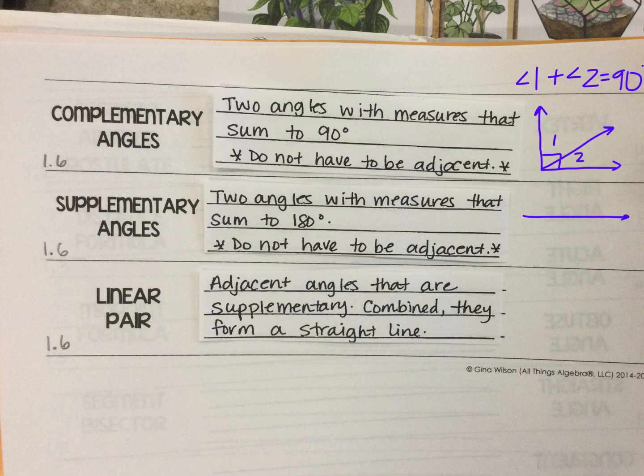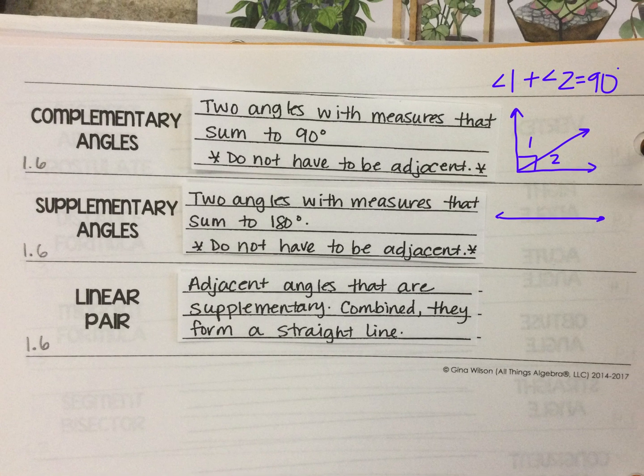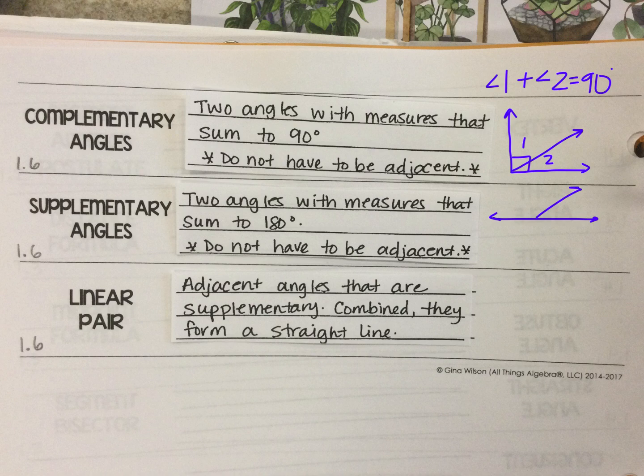So a straight line is 180. Got angle 1 and angle 2. So angle 1 plus angle 2 equals 180. And then the last are adjacent angles that are supplementary that form a straight line. Straight line, adjacent angles.